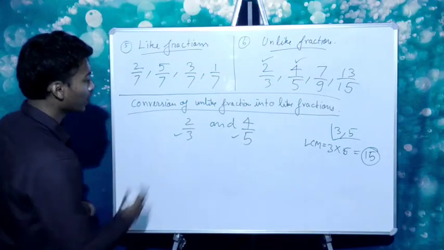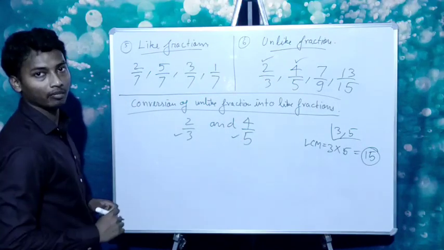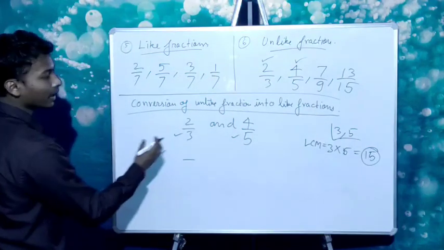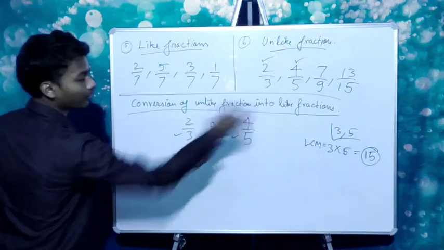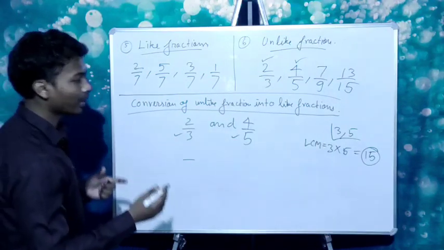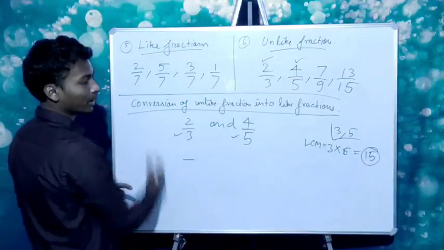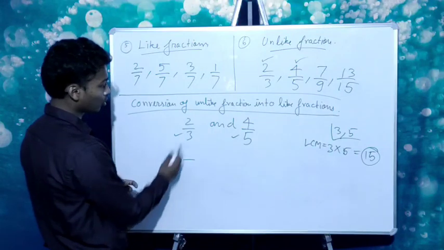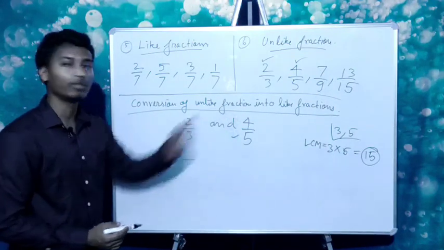So we can convert the denominators into the LCM. How will we do that? By finding a number that can be multiplied to the first denominator to make it 15. Now how will we find that number? We will divide the LCM by the denominator. So here what is the denominator? 3. What is the number that I should multiply by 3 to get 15?